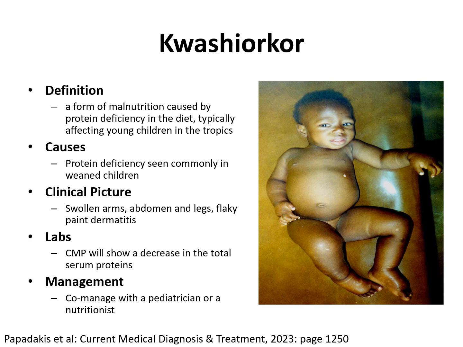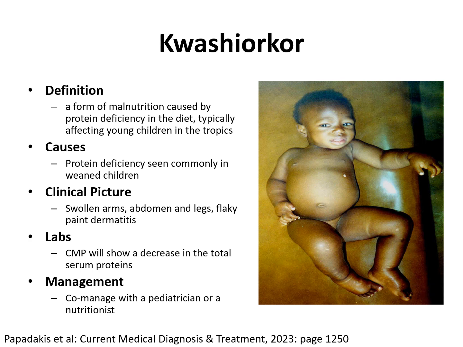The labs that should be ordered would be the comprehensive metabolic panel, which will then show a decrease in the total amount of serum proteins. And when the lab breaks that down, there's going to be a marked reduction in the albumin component of the total protein. So there will be hypoproteinemia associated with hypoalbuminemia, to the point that the normal albumin globulin ratio of 2 to 1 will be reversed.